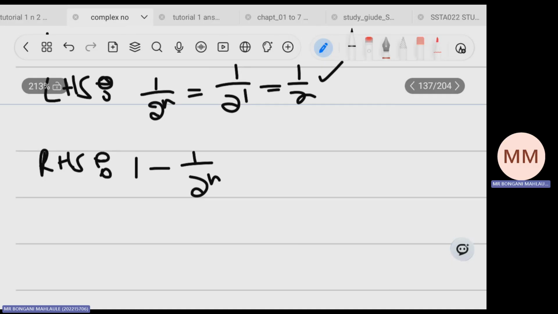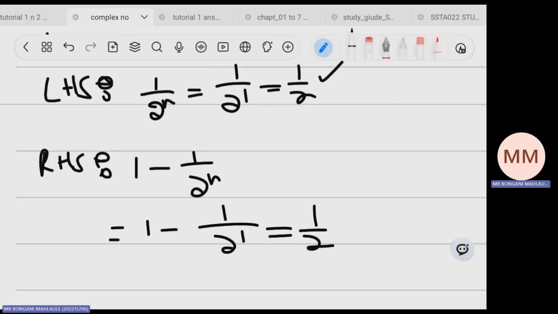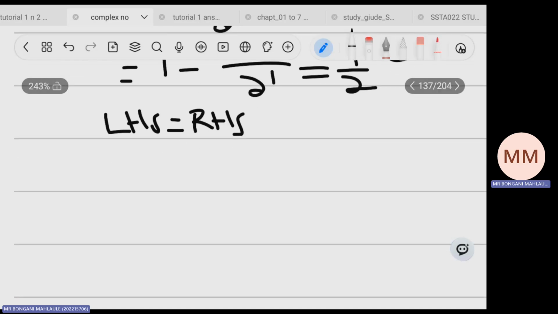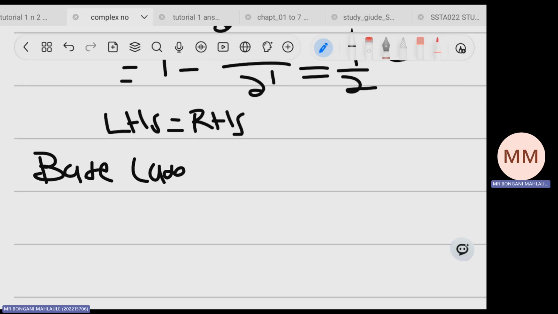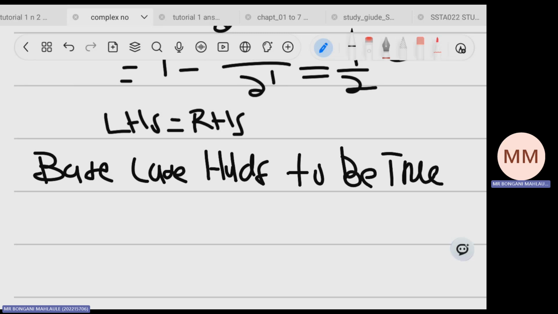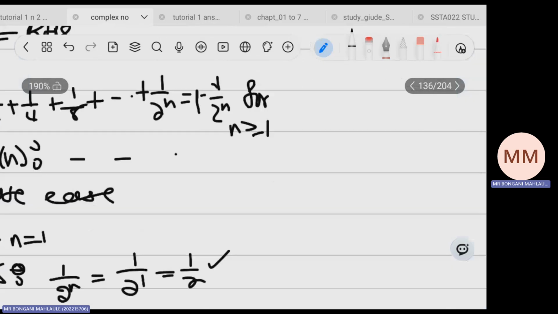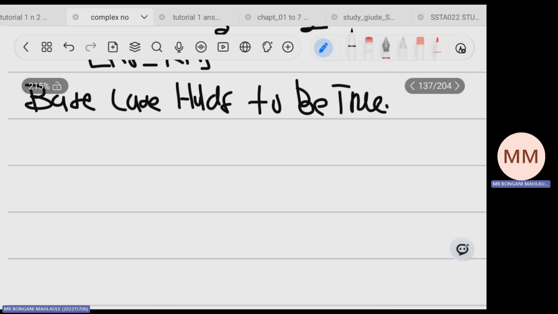You'll also substitute your 1. You'll get 1 over 2. So the left hand side is equal to the right hand side, and the base case holds to be true. Then we come to the next part, the induction step.